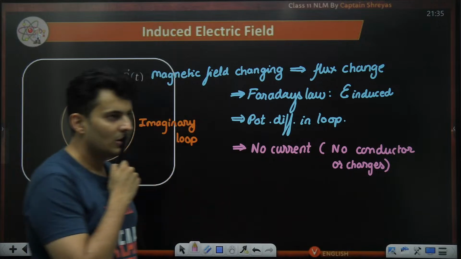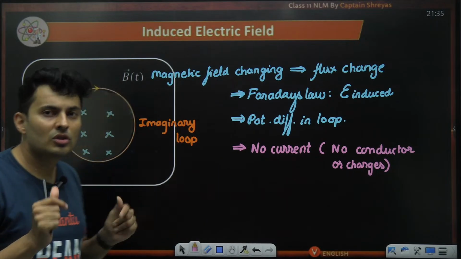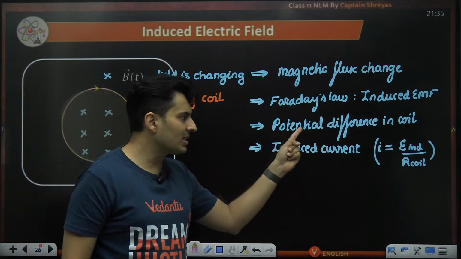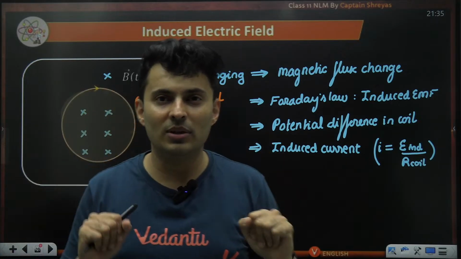That's it. Till this part, everything was there. So, are we then concluding that potential difference was there, but current wasn't there?